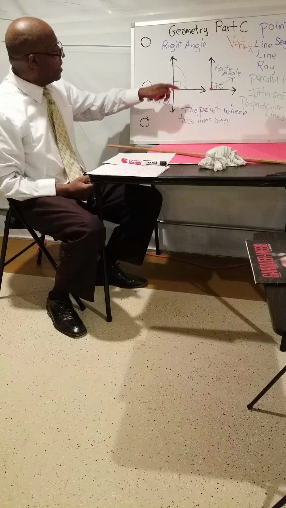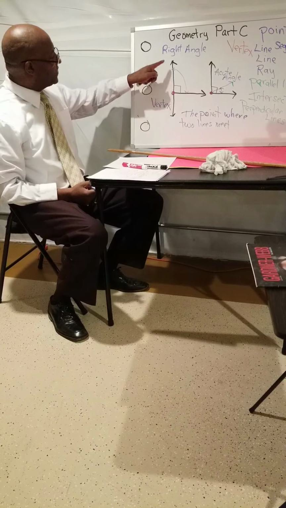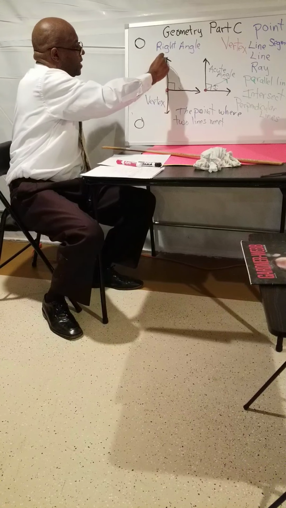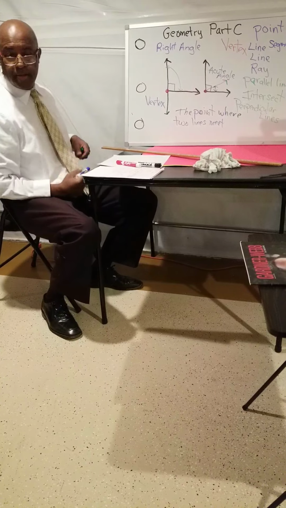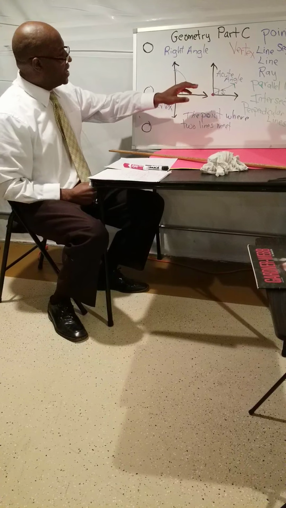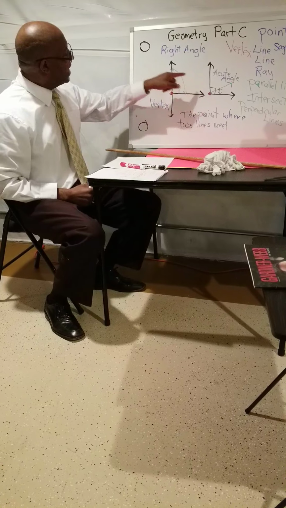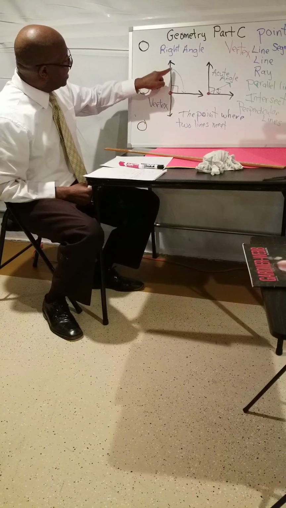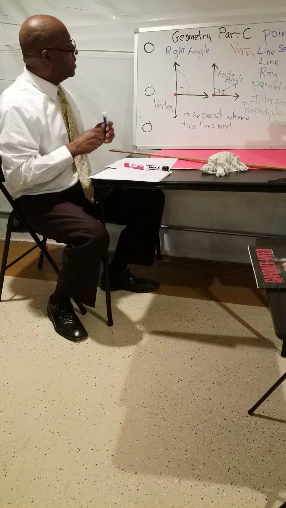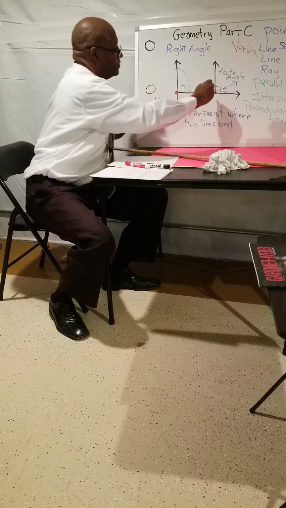So notice the symbol in the box for a right angle goes from this ray all the way down to the ray at the bottom. But an acute angle is anything less than any of this area here. Okay? This could be an acute angle.